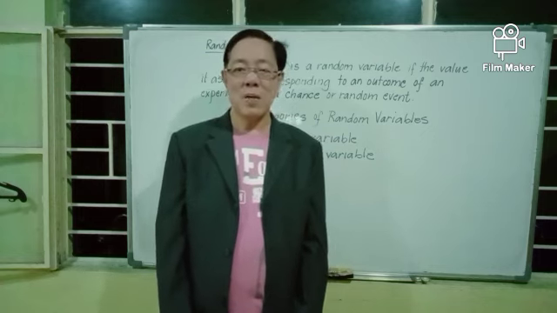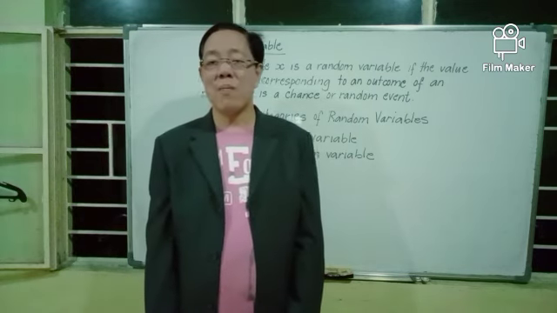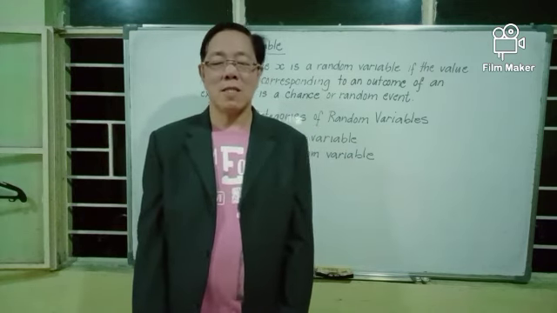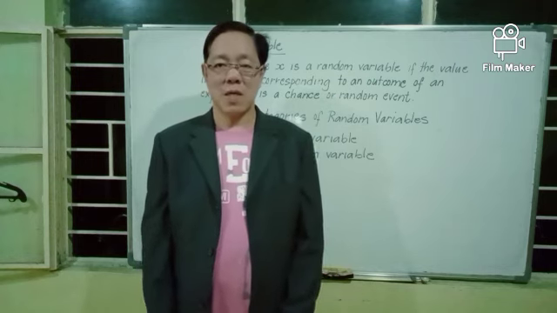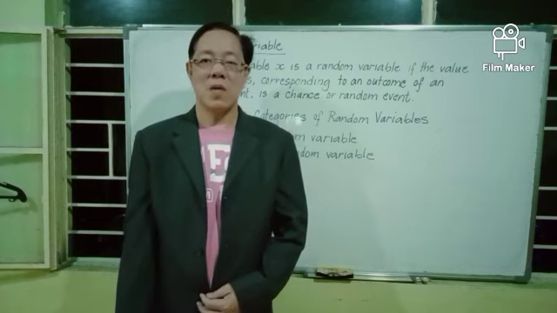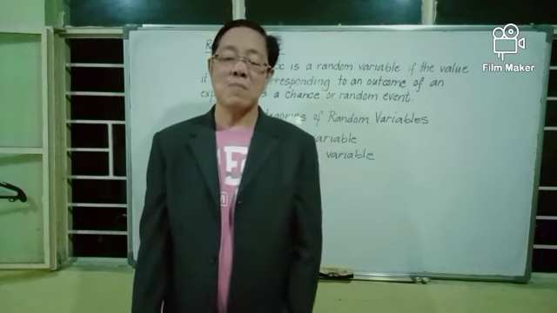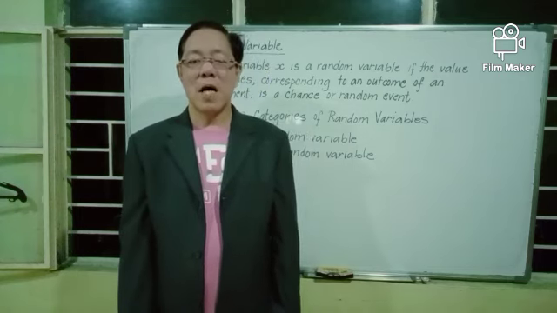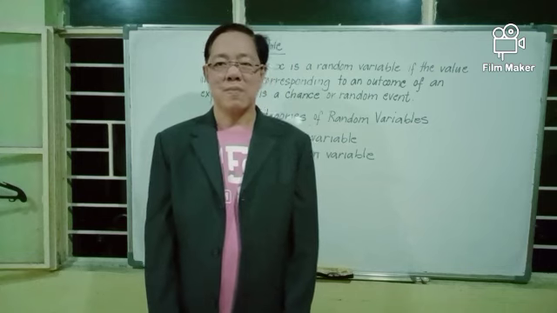The random variable x that represents the number of dots on the upper face of the die is an example of discrete random variable, because we obtain the values of the random variable x by counting the number of dots on the upper face of the die.